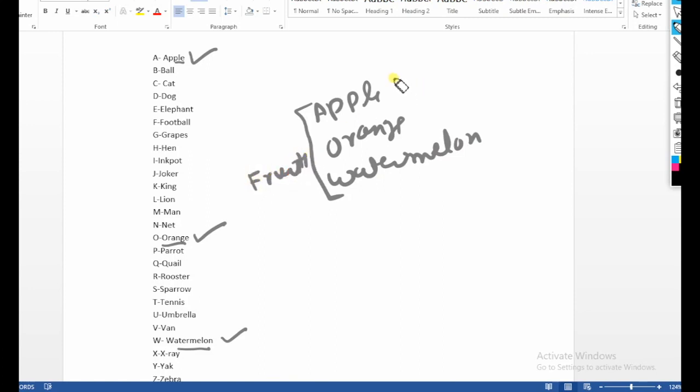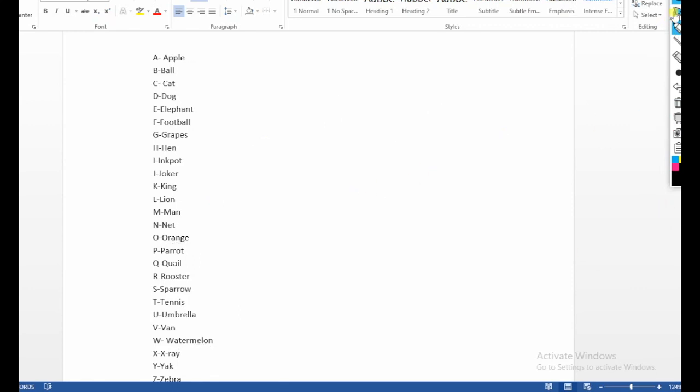So these are the symptoms, and on the basis of these symptoms, we can identify the unobserved, latent phenomena.